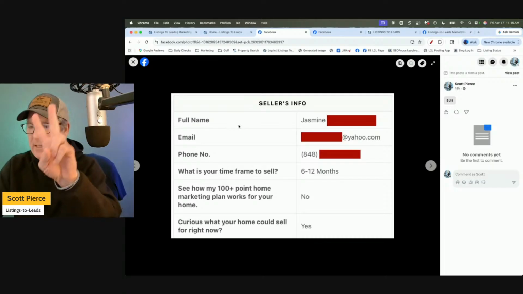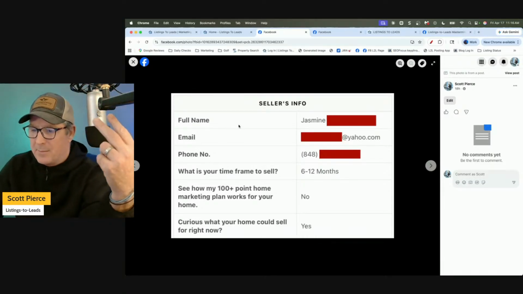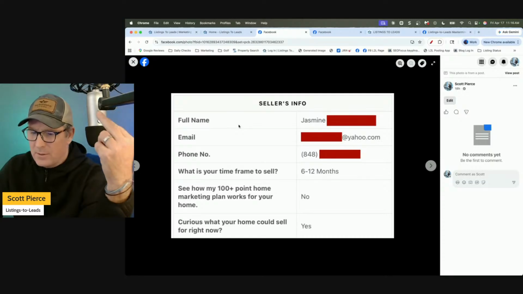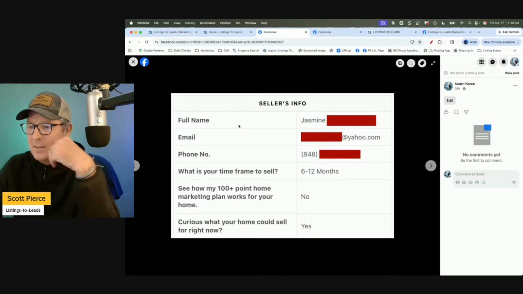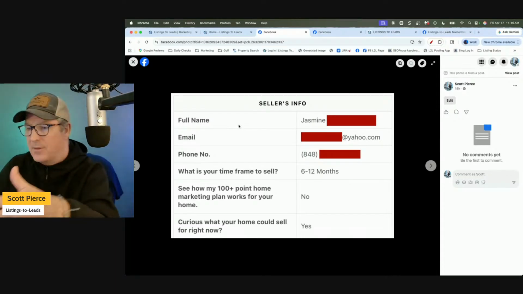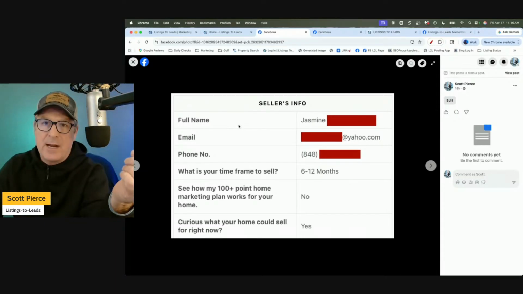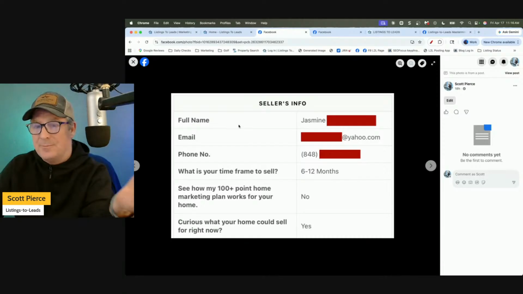Jasmine, all right, lead number 2. Time frame to sell, 6 to 12 months. Marketing plan, no. Curious what your home could sell for? Yes. I'm going to call up Jasmine. Thank you for clicking on the ad regarding the recent home that's now in contract, expected to sell soon. I saw that you're thinking about selling in the next 6 to 12 months and we are curious about what your home could sell for right now.